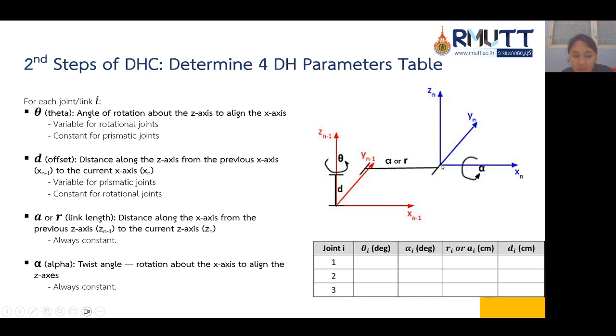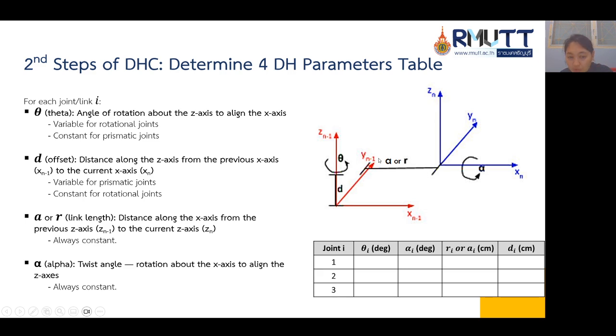And for the parameter A or R, this is the link length or L. This is the distance along the x-axis from the previous z-axis to the current z-axis.